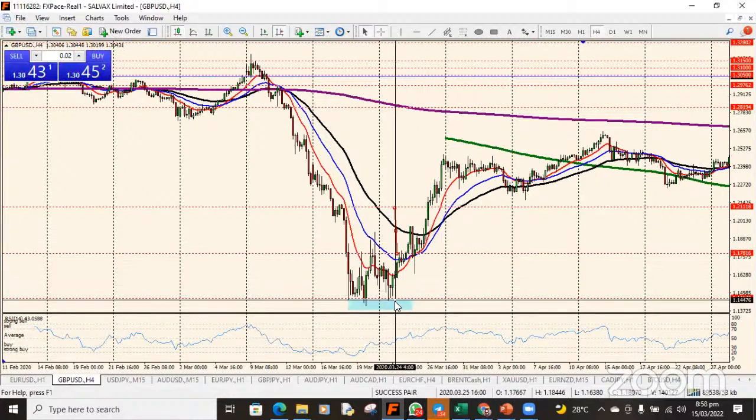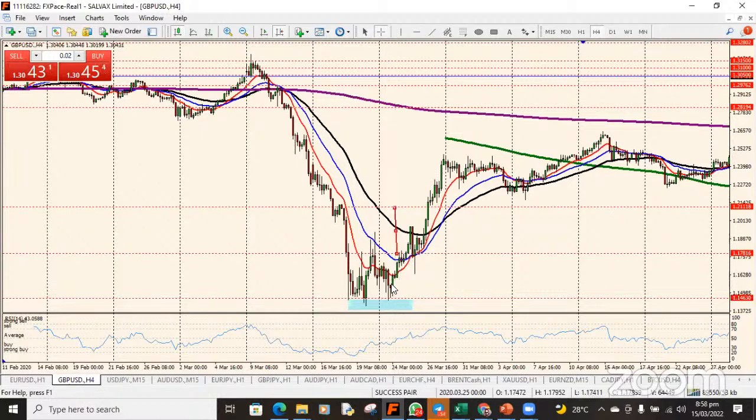Very simple. Now, if you measure from here to this neckline, this is 327 pips. Okay, this is H4, 327 pips. If you are able to see this double bottom on H4, after a sell from this high to this low, entering a key level, you measure it back again.